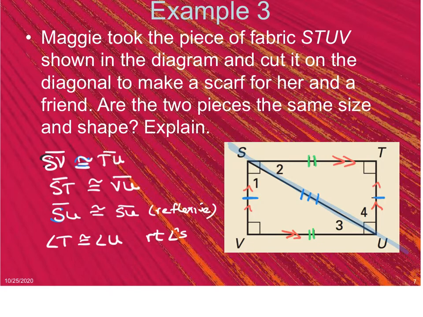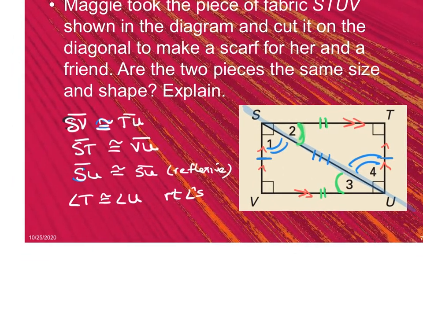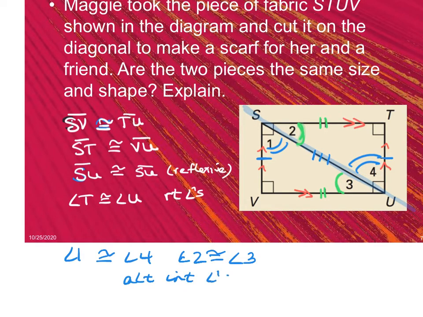For example, I could say this angle, angle 2, is congruent to angle 3 because they're alternate interior angles. And then I could say angle 1 is congruent to angle 4 because they're alternate interior. So I would say angle 1 congruent to angle 4 and angle 2 congruent to angle 3, and the reason is because they're alternate interior angles.